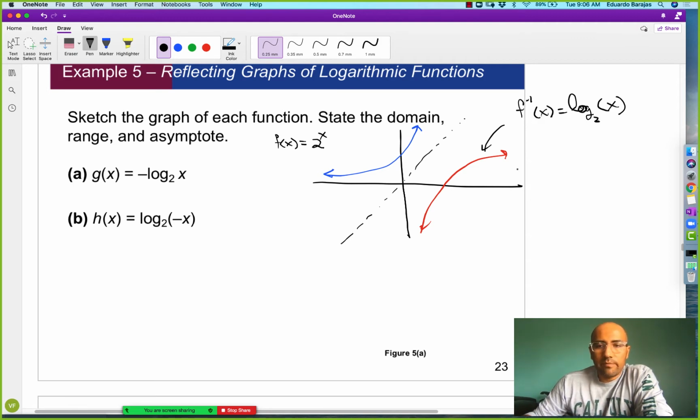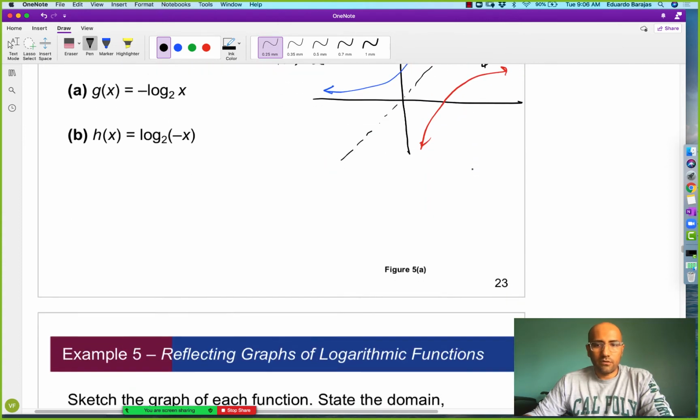It's a reflection about the x-axis. Right? All previously positive numbers are now going to become negative numbers, and all previously negative numbers are going to become positive numbers. So it's a mirror image reflection about the x-axis.